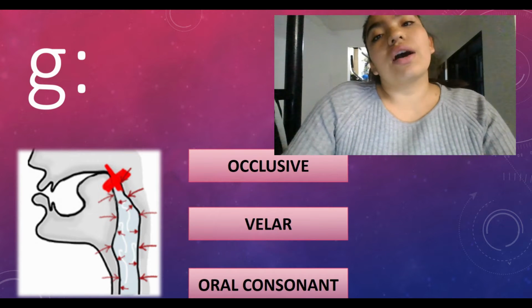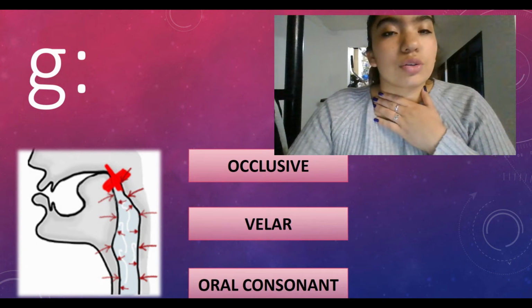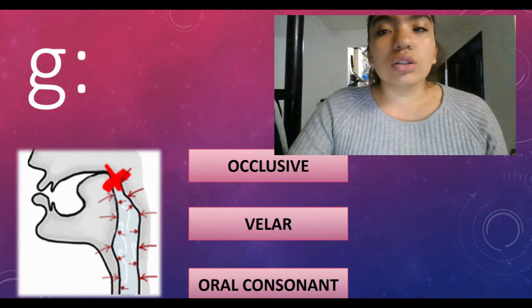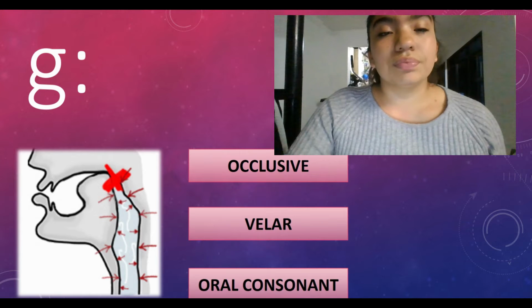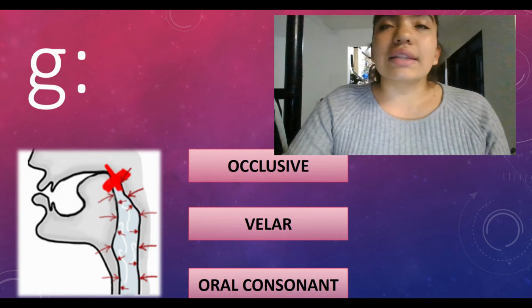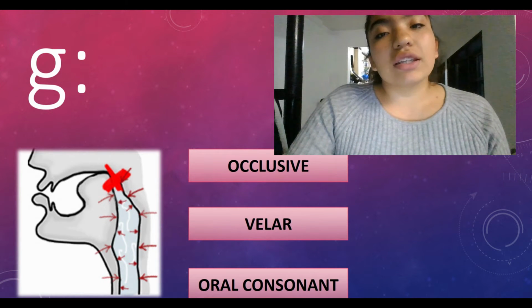Its point of articulation is velar, which means that it is articulated with the posterior of the tongue and the velum of the palate. Its type of phonation is voiced, which means it is produced by vibrating the vocal cords.